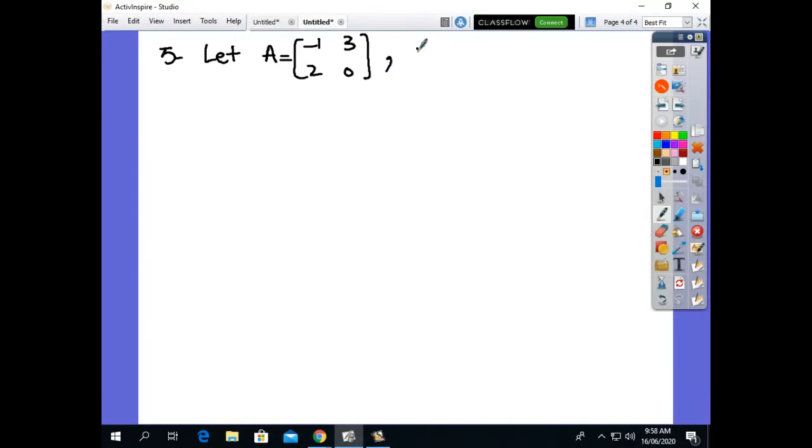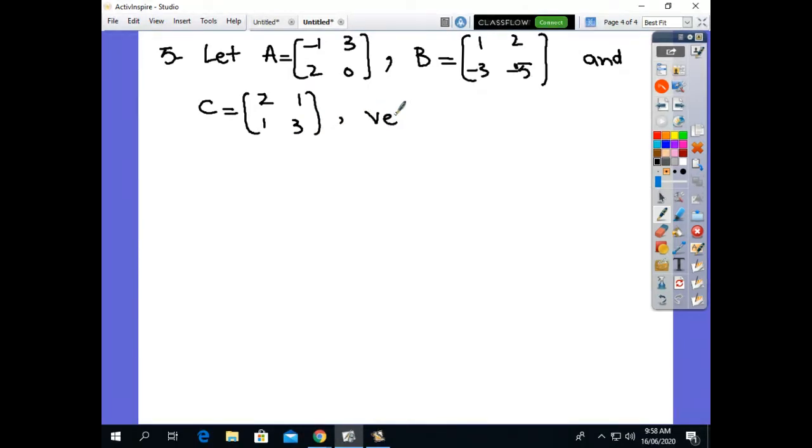B is equal to 1, 2, negative 3, negative 5. And C is equal to 1, 1, 3.